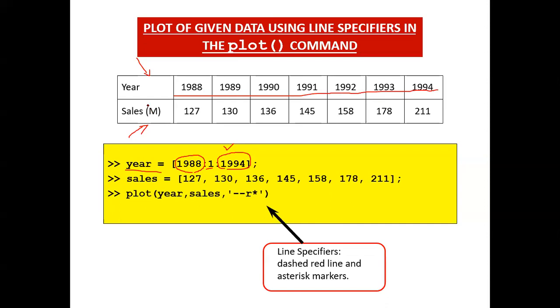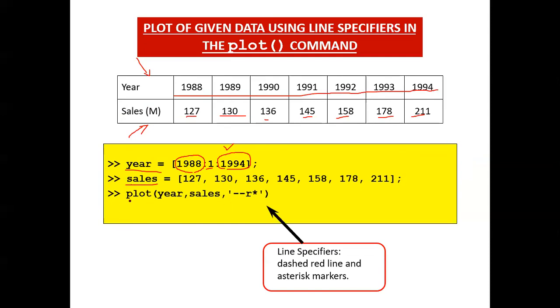Then we give the data for the sales: 127, 130, 136, 145, 158, 178, 211. If we have sales data like this, the y-axis is sales, whatever data we have.